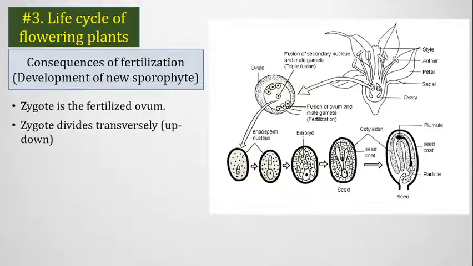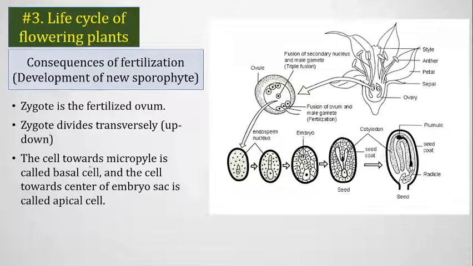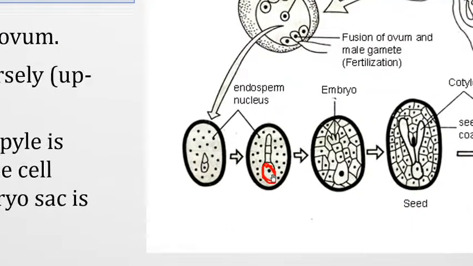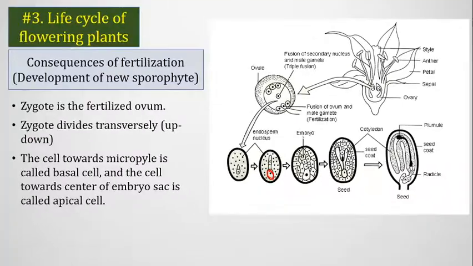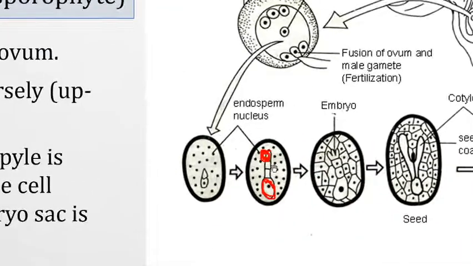Among these multicellular zygote cells, the cell towards the micropyle at the bottom is called the basal cell, and the top cell is called the apical cell.